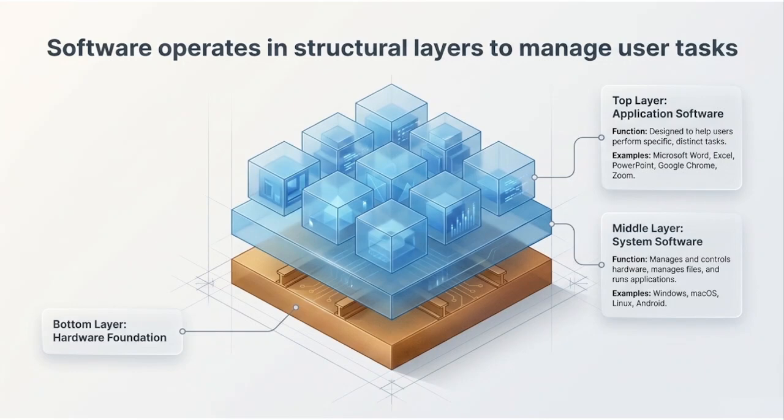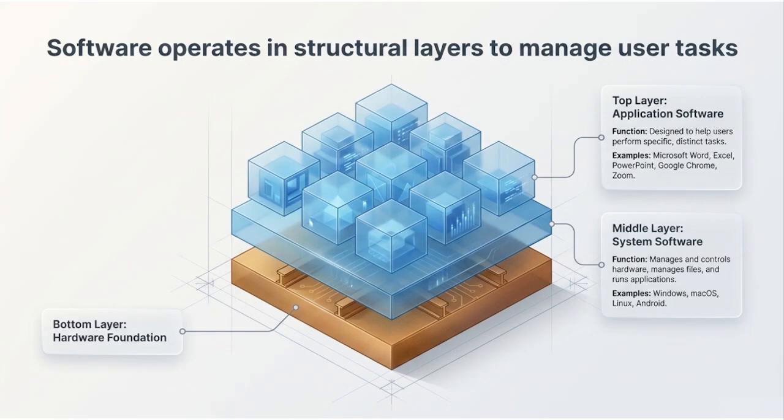This application software helps you to perform specific tasks because they are created in order to help the computer users perform specific tasks, not every task. At the base is the hardware layer, which supports all operations.